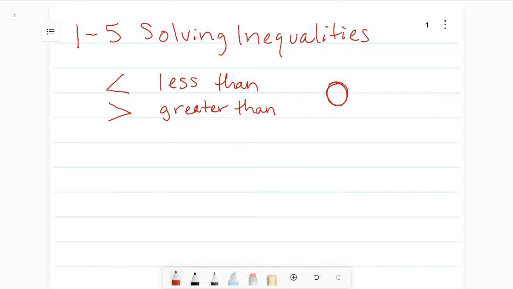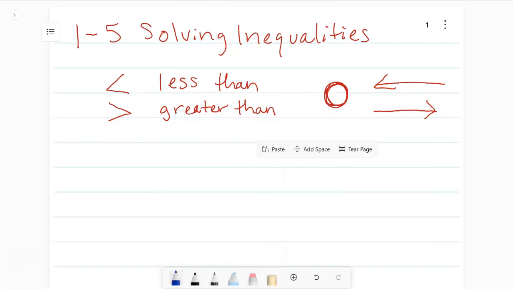It's not shaded inside, okay? And then it tells you which way to shade. So if it's less than, you're going to the left. And if it's greater than, you're going to the right. So kind of like the inequality sign.